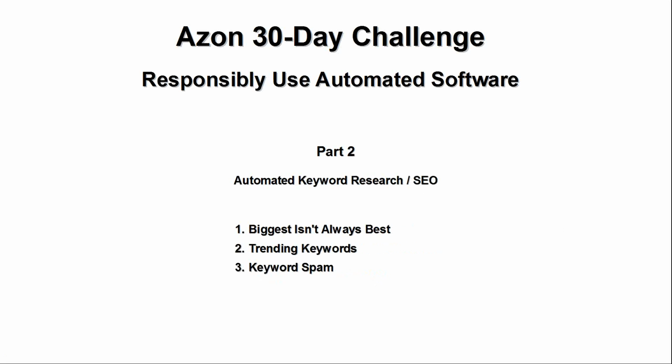Number one, when you're going through some kind of keyword research software where it's generating lists of keyword phrases for you, you have to keep in mind that people using that kind of software and also people using the Google Keyword Planner to manually hunt down keyword phrases, they're typically going to be focused on the highest traffic phrases. This is why I say that biggest isn't always the best.